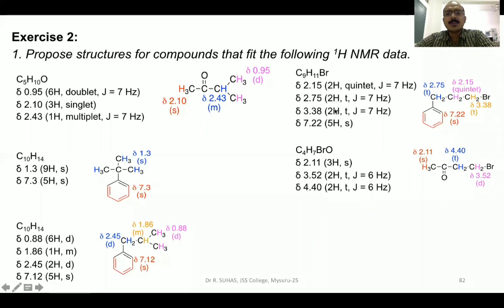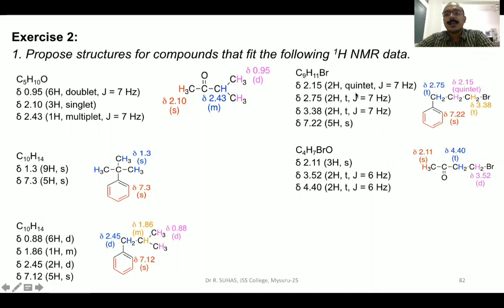Now 2H, 2H, 2H, quintet, triplet, triplet. This is the characteristic feature of a propyl group: CH2, CH2, CH2. See here, 2H, 2H, 2H refers to CH2, CH2, CH2. All 3 are neighbors because the coupling constant value of the methylene group is 7 Hz, 7 Hz, 7 Hz.